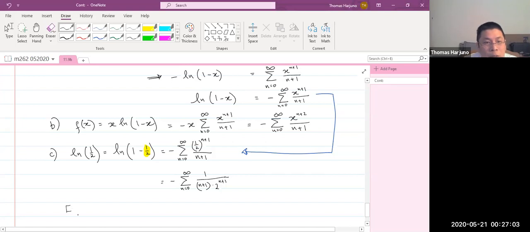Express ln 2 as a power series. Now ln 2 is negative of ln(1/2), is it right?